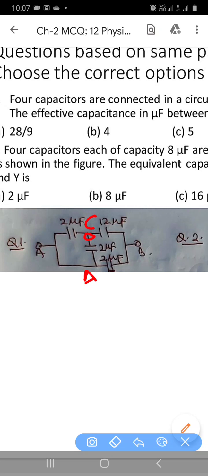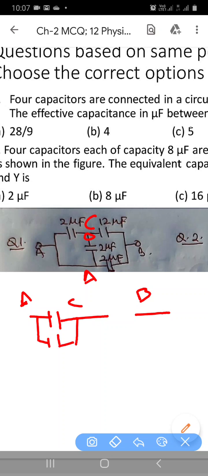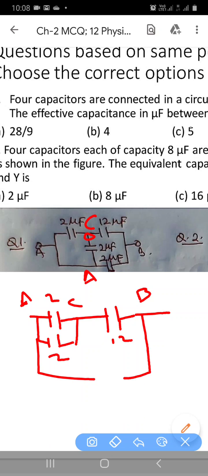So you have to calculate here A, C and B. So between A and C 2 microfarad, again between A and C 2 microfarad, between C and B 12 microfarad, and between A and B it is connected 2 microfarad.